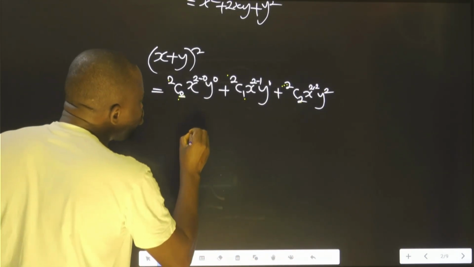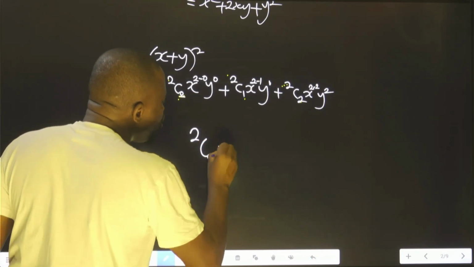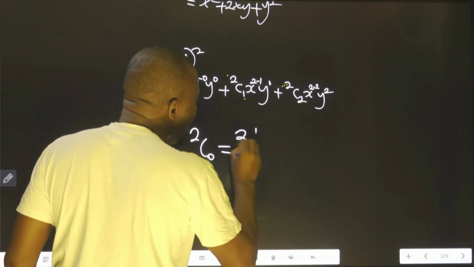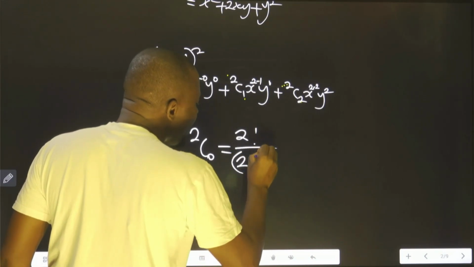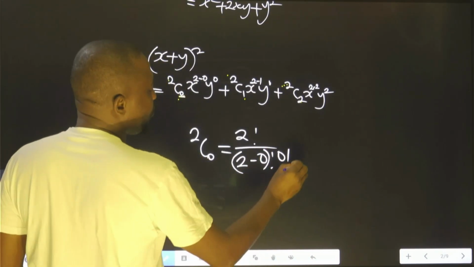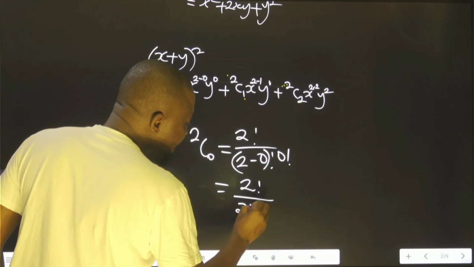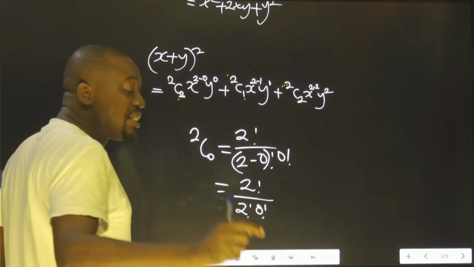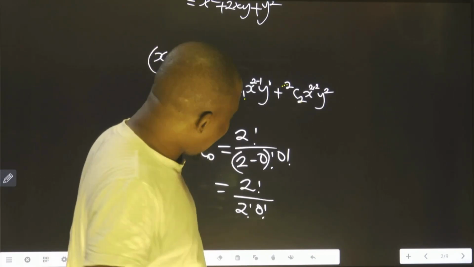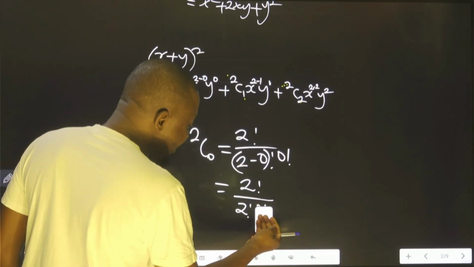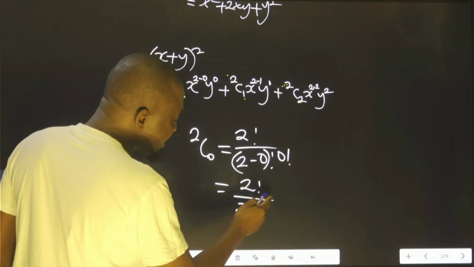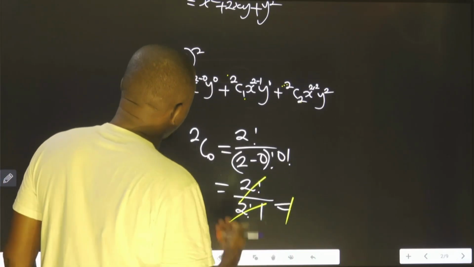If you work out 2 combination 0, you agree with me it is 2 factorial over 2 minus 0 factorial times 0 factorial. Which is 2 factorial over 0 factorial, and 0 factorial is 1. That is to say this cancels this and is going to give us 1.